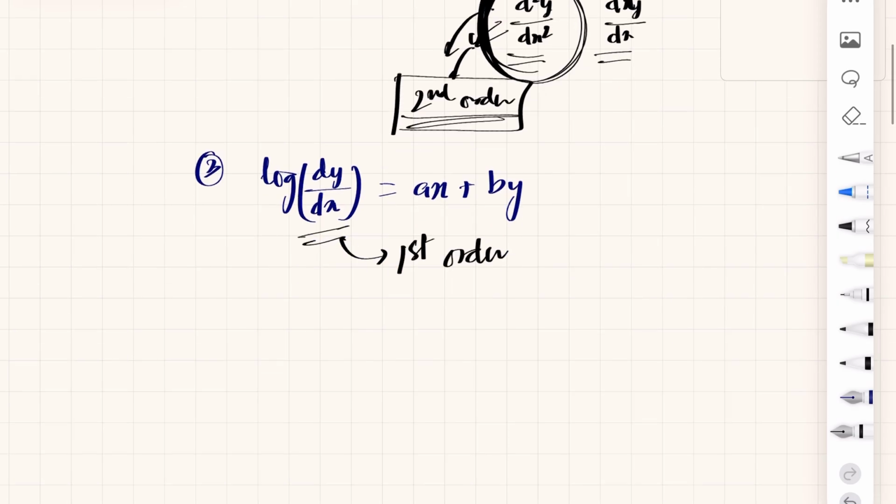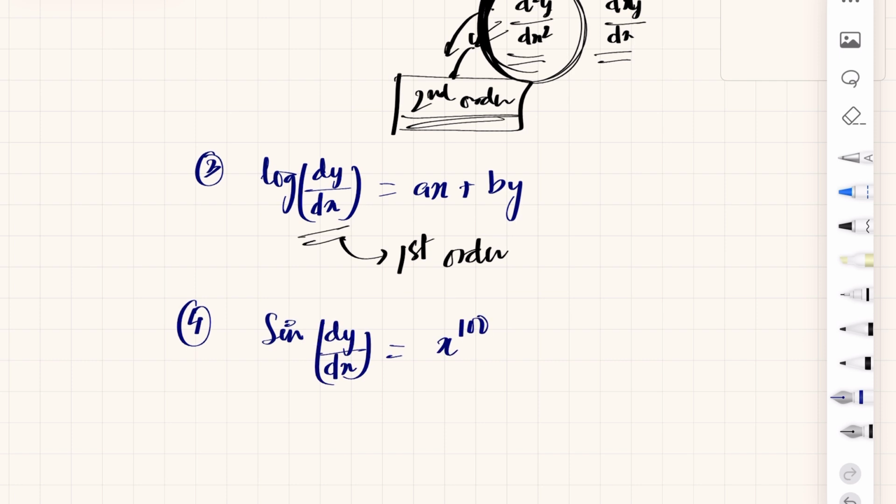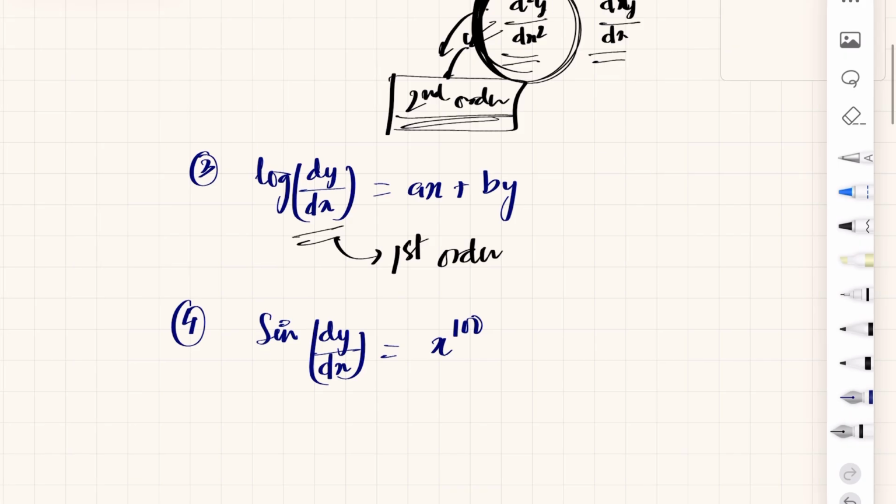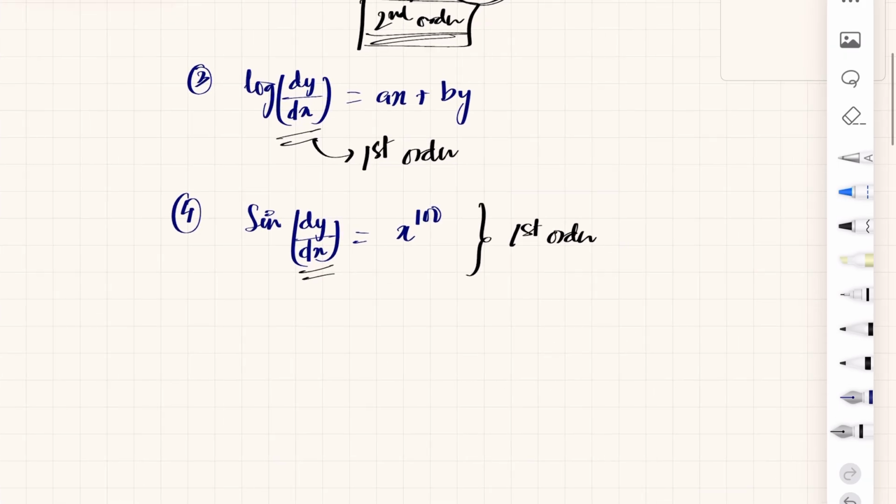Correct? It's very simple, right? Let's see another example. What about sine of dy by dx equal to x to the power 100? Here, what is the order? We have only one derivative, and the order is only 1. It's the first order. Correct?